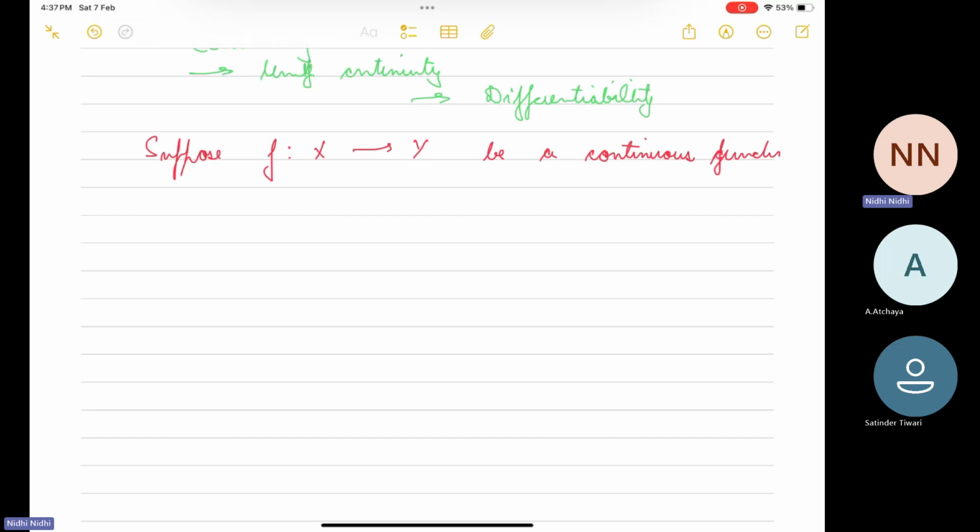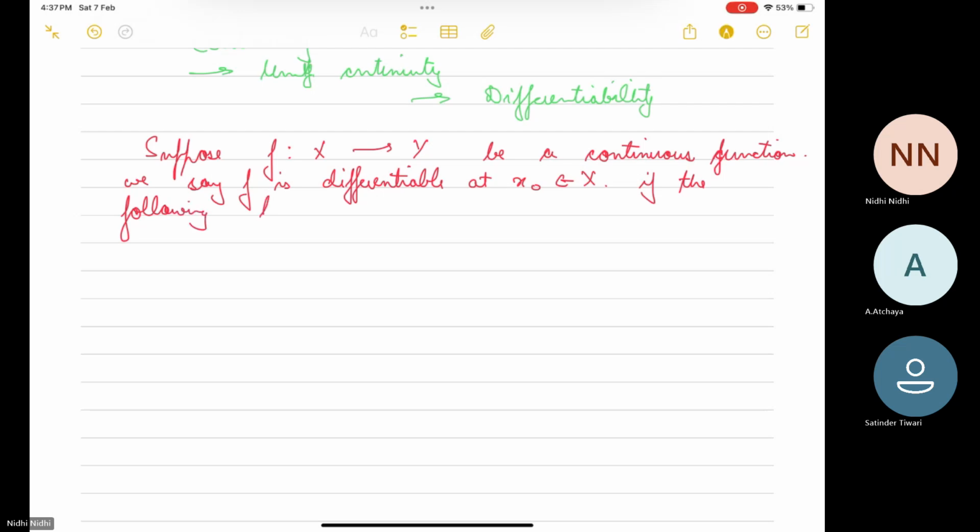And if I'm saying that this is a continuous function, that means it is continuous at every point in X. If we say f is differentiable at some point x naught in X, again, differentiability is a point-based property, if the following holds.